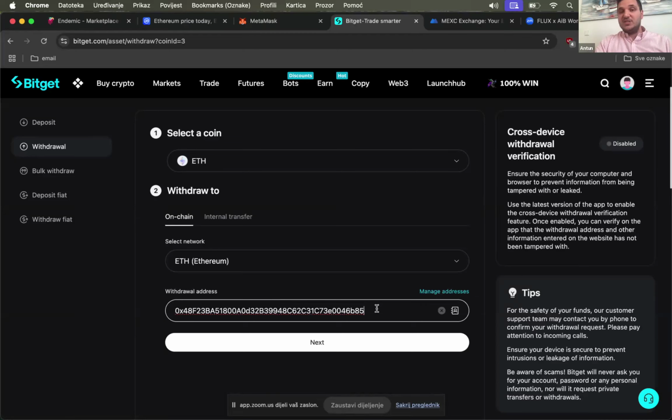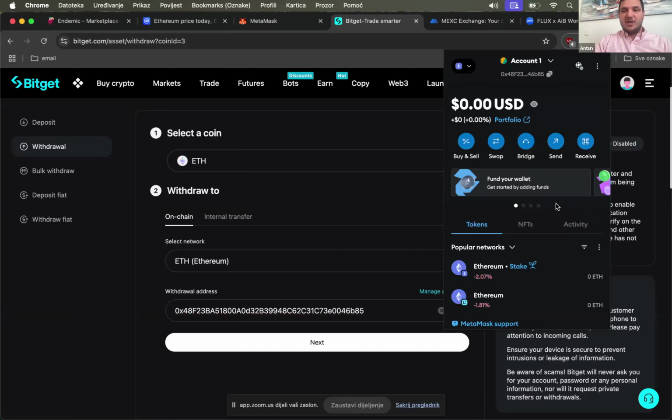So once you have done it, now comes the important part. I kindly ask you to remember, you always have to go back and double check: is it the right information? Luckily for MetaMask, since it's an add-on, you can press here and you have the same capabilities as you have on the tab.